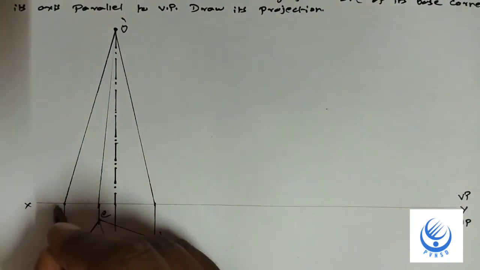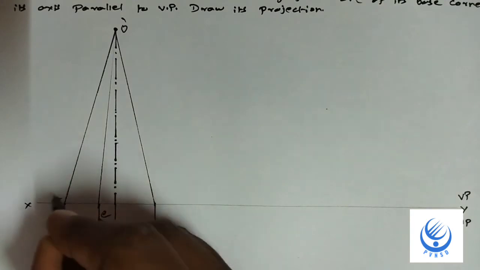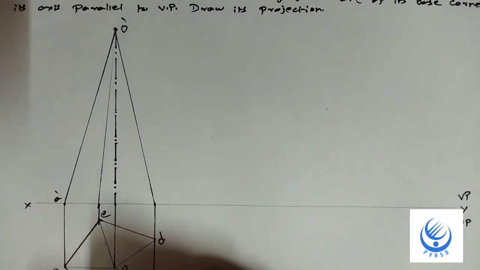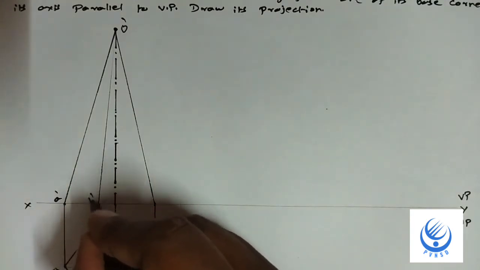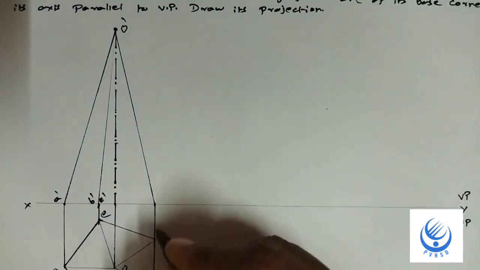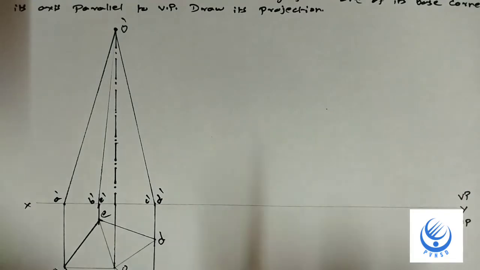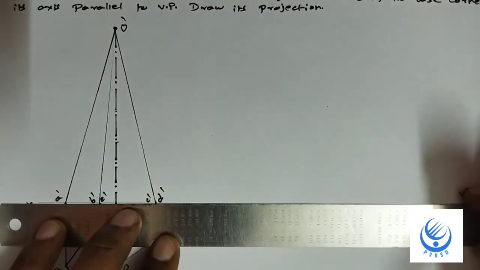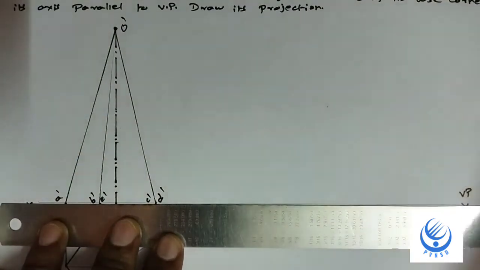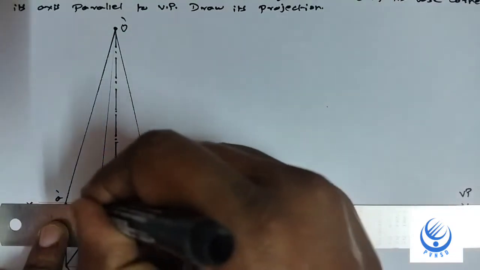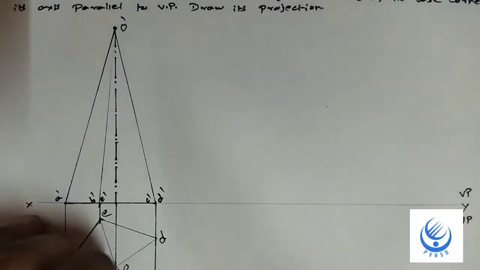This point is A, this point is B and E, this point is C and D dash. Next, join the base also. This is the base.